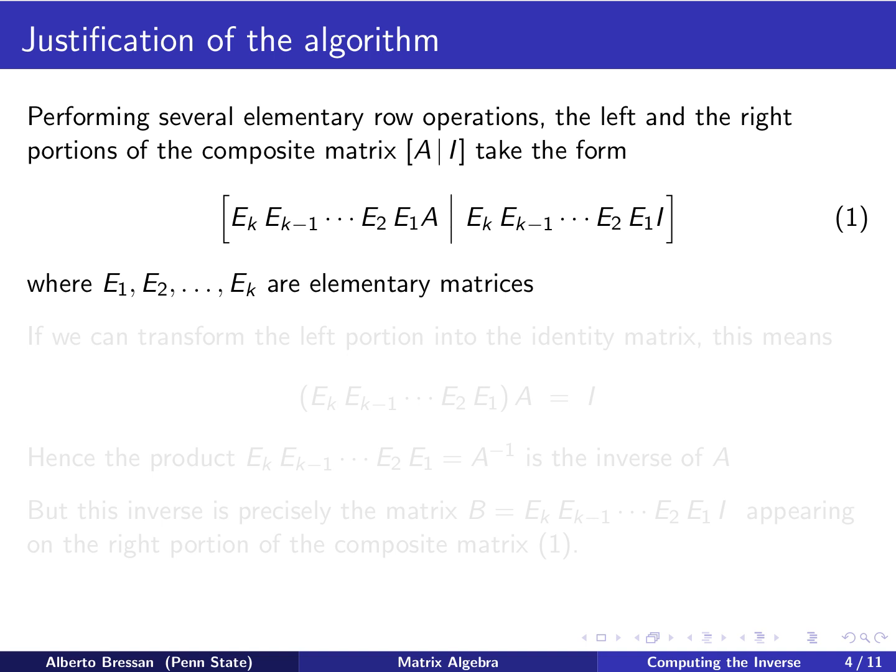Okay, let's give some justification for the algorithm. As we noticed earlier, performing elementary row operations on both the left and the right portion of this composite long matrix is equivalent to multiplying each of them with the same elementary matrix.